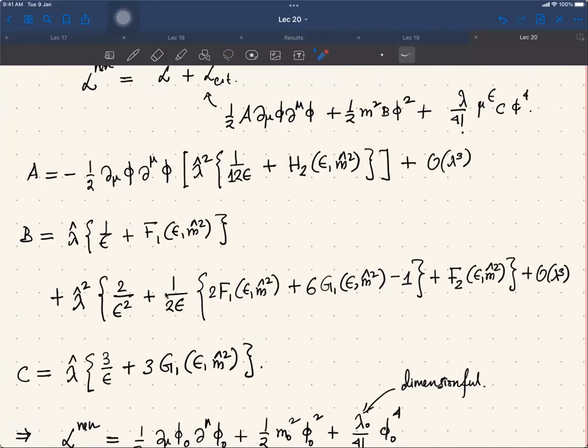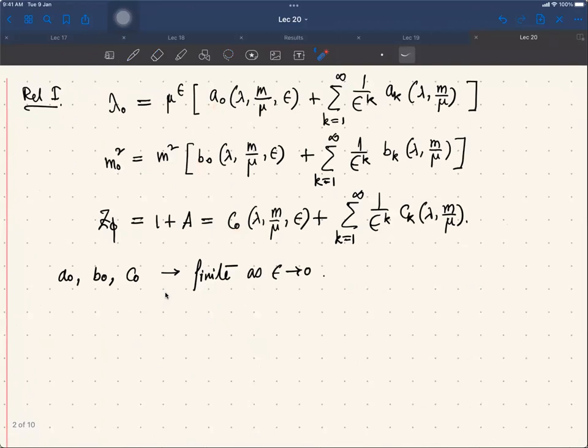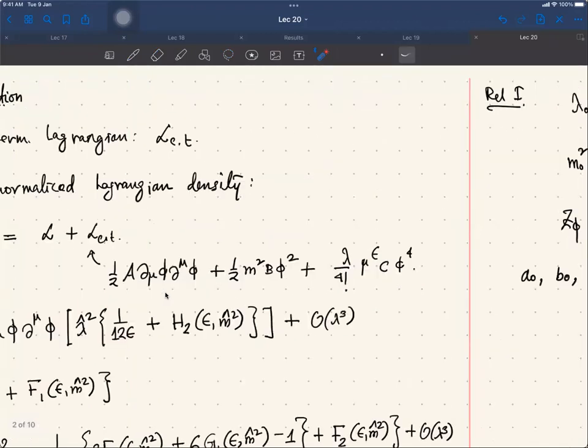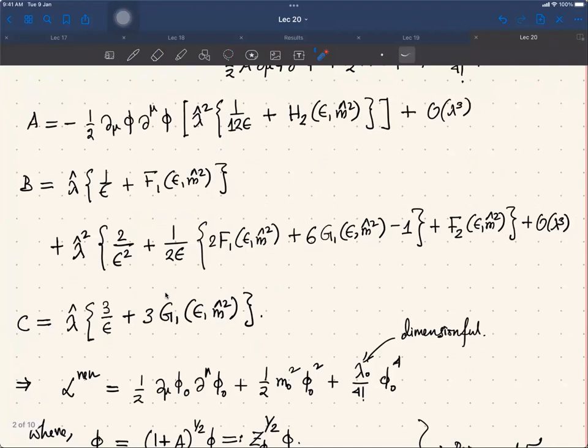So this is the source of the m dependence of the A0, B0, C0 coefficients. And the pole coefficients, the residues, at this order we don't see them to be dependent on m hat. We have just a constant piece here, here, and here.